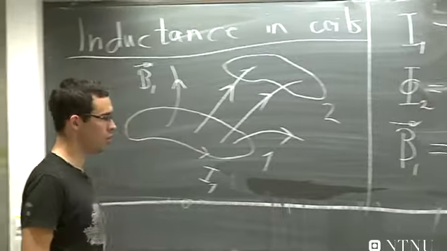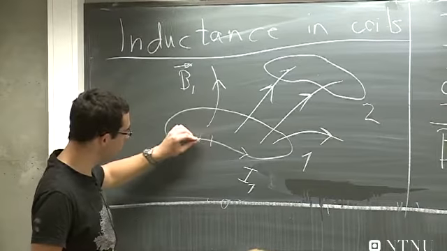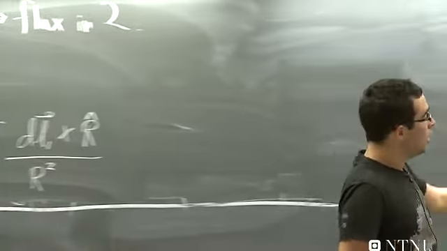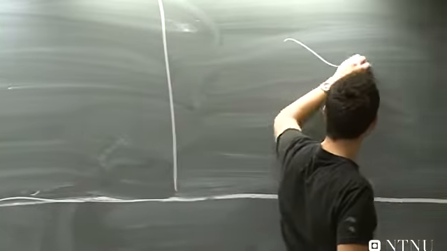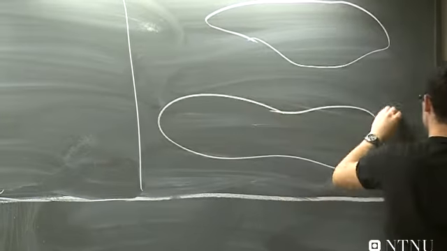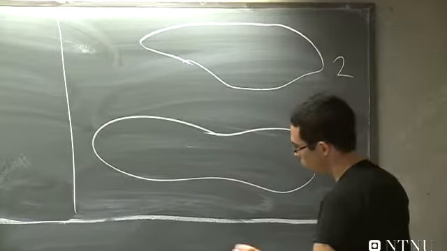So, what are these? dl1 is just a small line element here. I'm going to make a new sketch, I think. So I have a small line element down here.